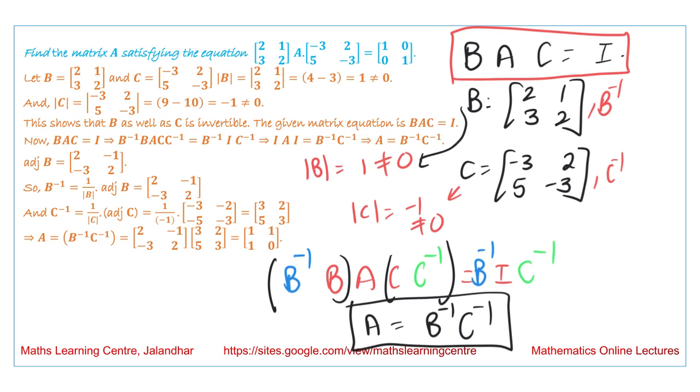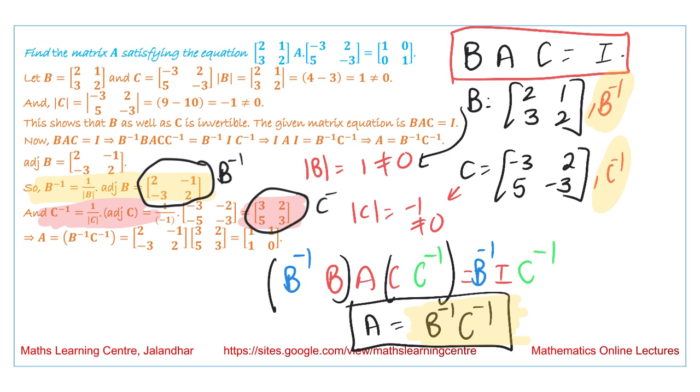So we are interested in calculating the value of B inverse into C inverse. We have to calculate B inverse, calculate C inverse, and multiply these values. The value of B inverse is 1 by determinant of B into adjoint B. The value of C inverse is 1 by determinant of C into adjoint C. We obtain these two values, this is the value of B inverse, this is the value of C inverse.